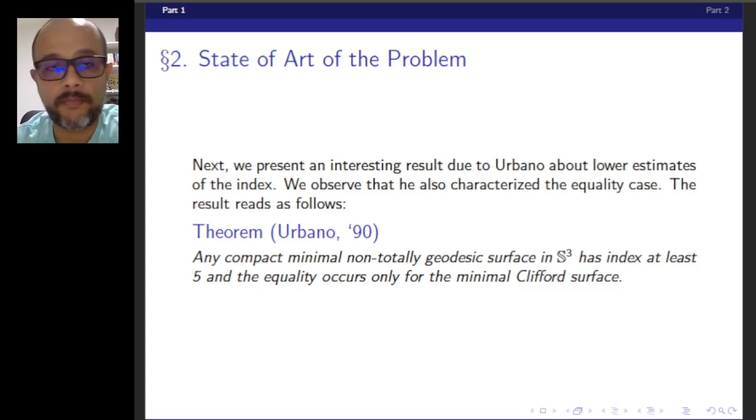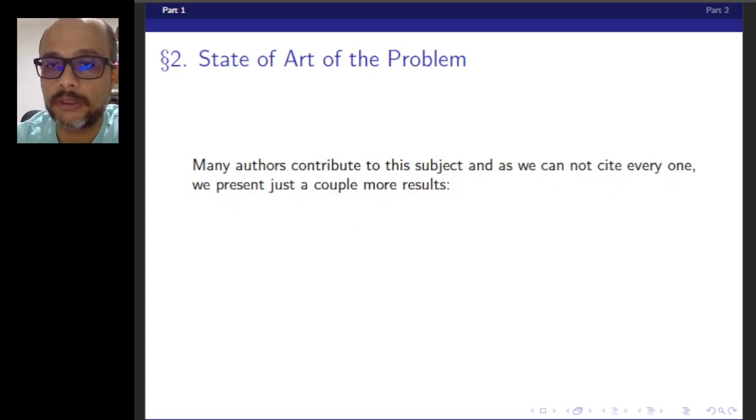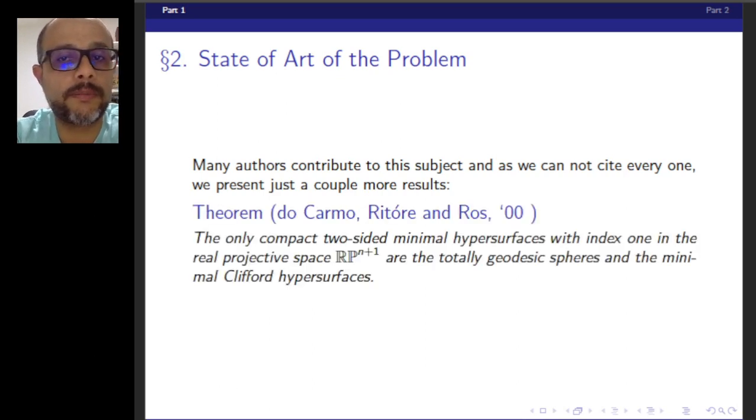So, continue. I would like to present some more results, but the literature is very large, so I chose just two more results. The first one is a theorem of do Carmo, Ritoré, Ros in 2000.